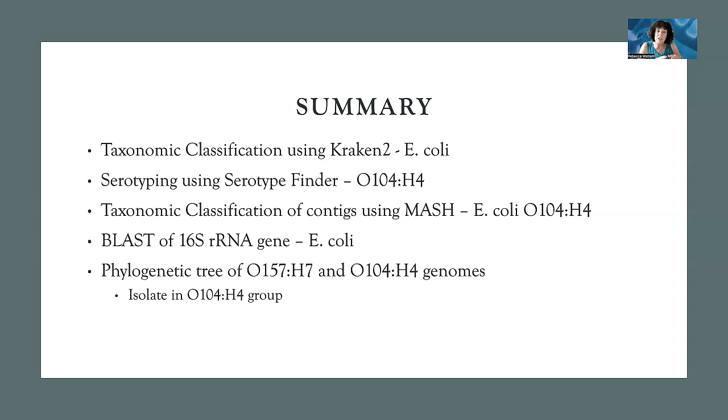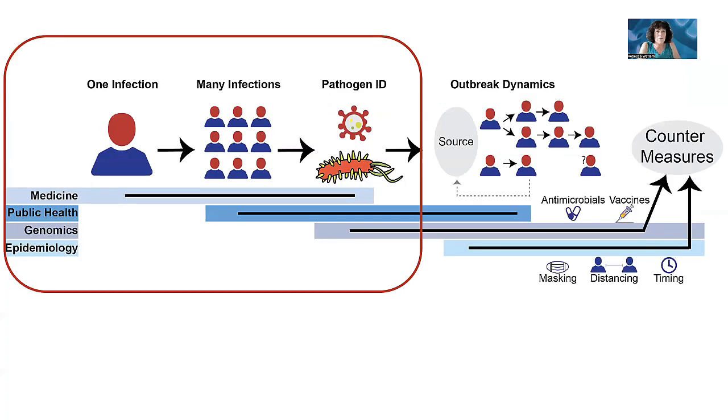When we got the 16S gene from that genome and blasted it, it was strongly 100% identity with E. coli. And then when we did phylogenetic trees of O157H7 and O104H4, that isolate was clearly in the group with the O104H4. So this is pretty much where we started, with a single infection turning into many infections.